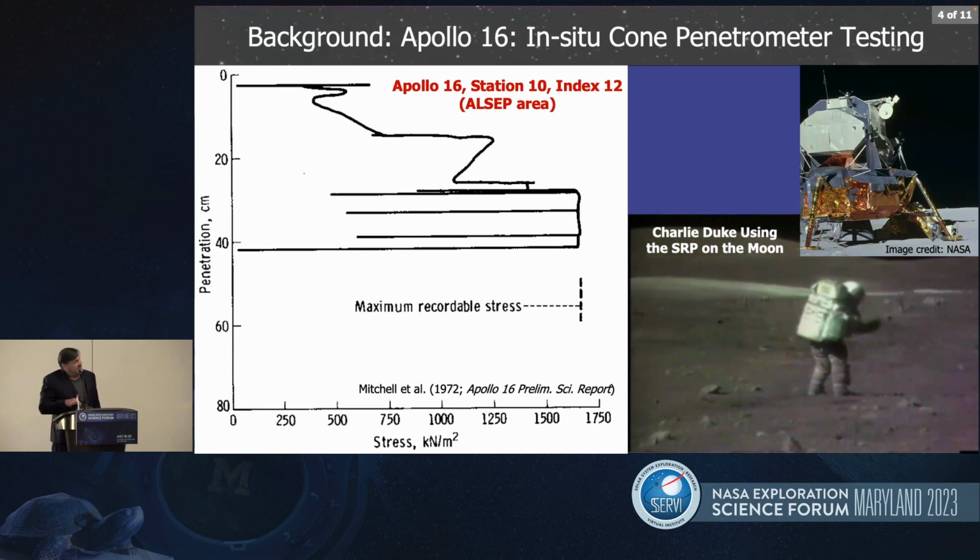Then resistance increases significantly to where there's a firmer, denser layer at about 15 to 20 centimeters below the surface. Now, this interpretation is reinforced by the Apollo 16 LM. Although the descent engine nozzle rests only a few centimeters above the surface, you can see that essentially no blast crater was produced. So apparently this less dense layer was blown away, leaving the denser, firmer layer exposed.